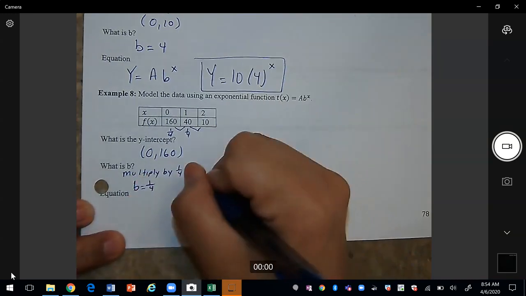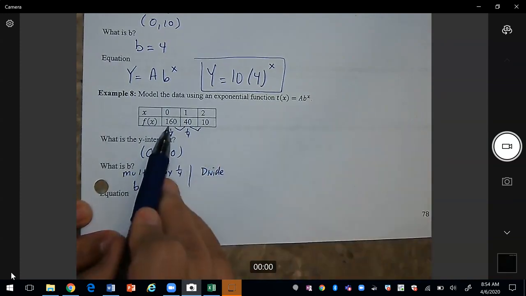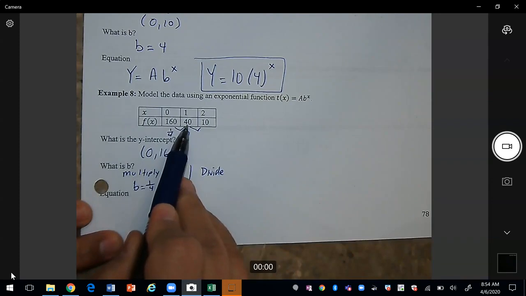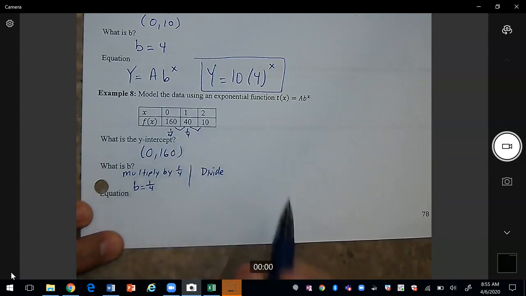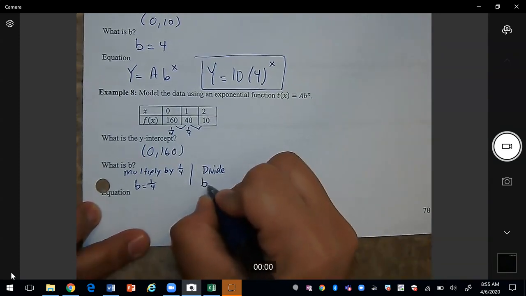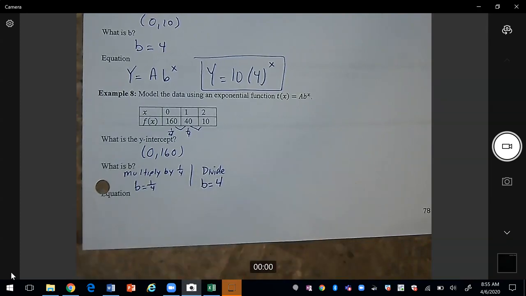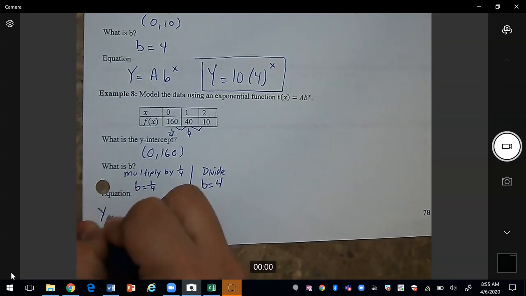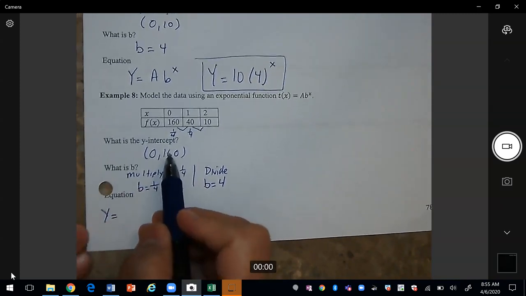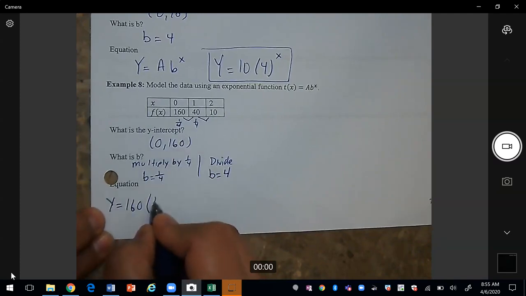Some of you might have seen it as dividing. 160 divided by 4 is 40. 40 divided by 4 is 10. If we divide, then in this case, b is going to be 4. Now the equation for the multiplication side: y is equal to a, which is 160, b is 1/4, to the power of x.